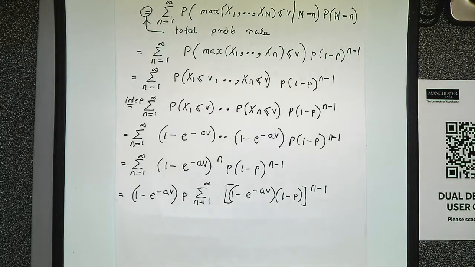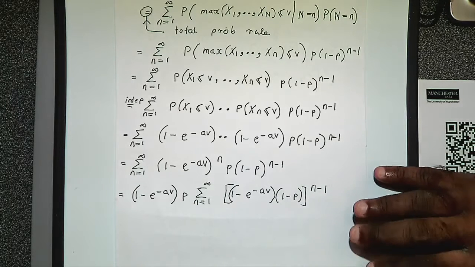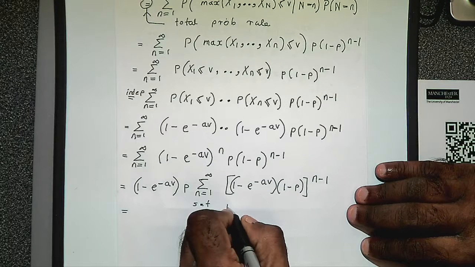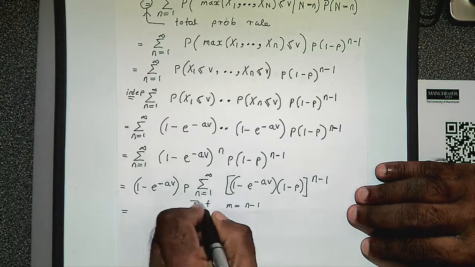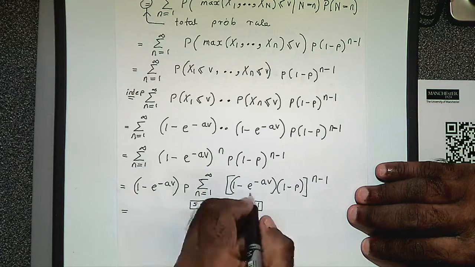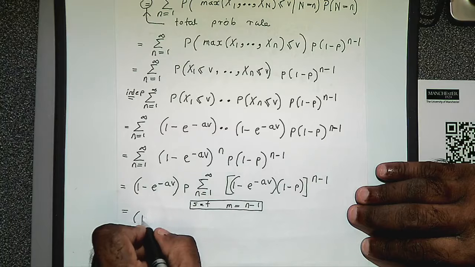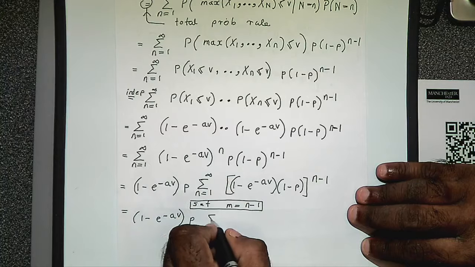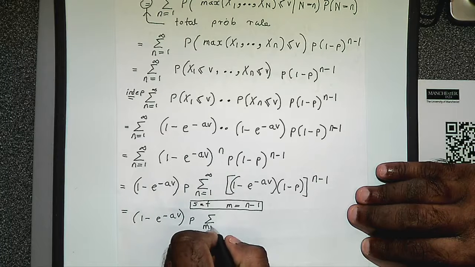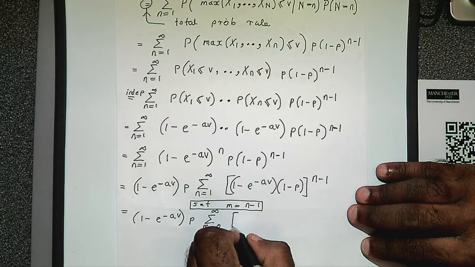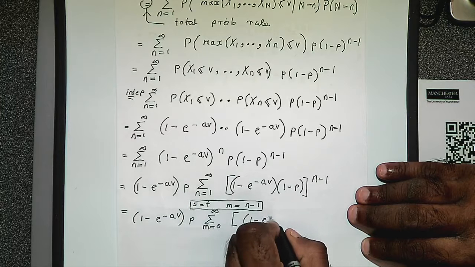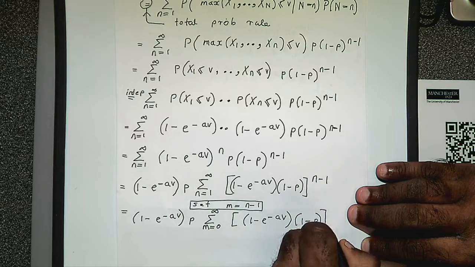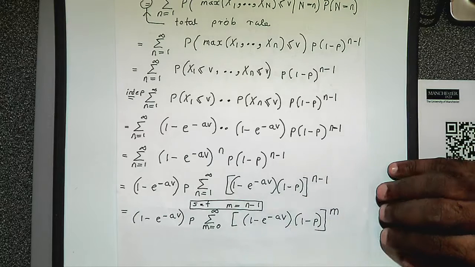All right, guys. Now, I'm going to set m equal to n minus 1. So if you do this setting, then the above will become, right, it becomes like this, yeah.